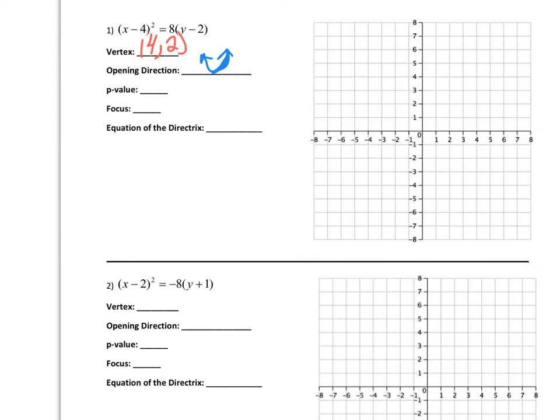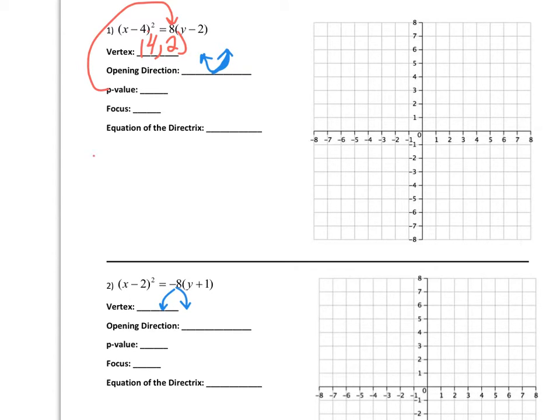So the reason why it opens up, or is having a horizontal directrix, is because the p-value, or the 4 times p, is positive. See how it's negative here? So this one is actually going to open this way.